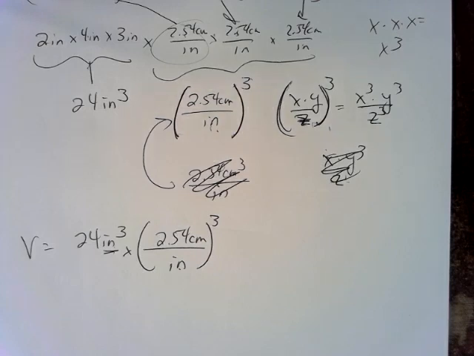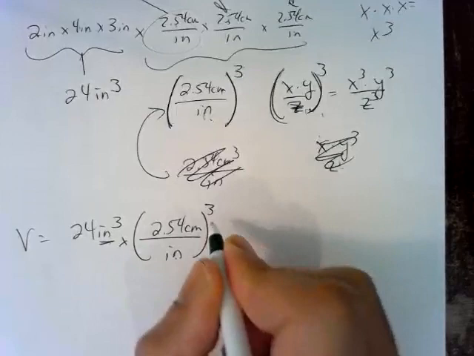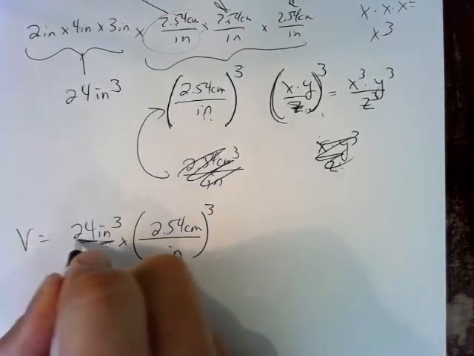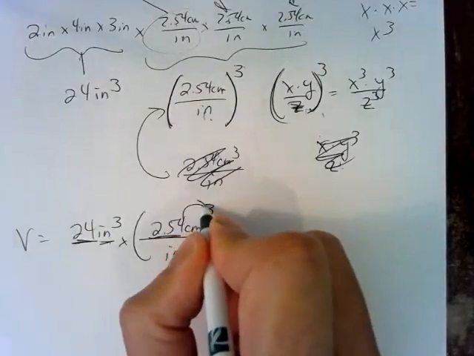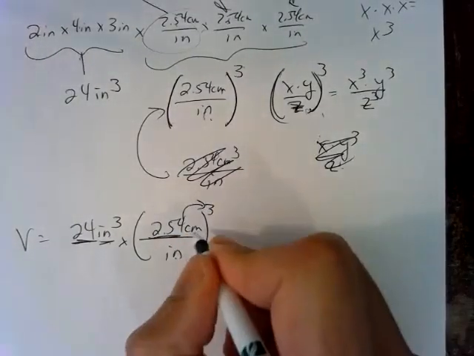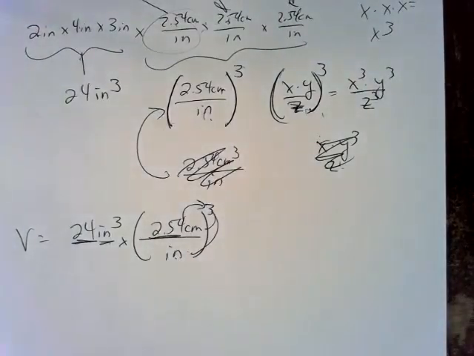So rather than converting each individual side and doing it 3 times, we're just going to do it in one fell swoop here, recognizing that when we do this calculation, we have to take 24 and multiply it by 2.54 cubed, and that the cube applies to the centimeters and that the cube applies to the inches.